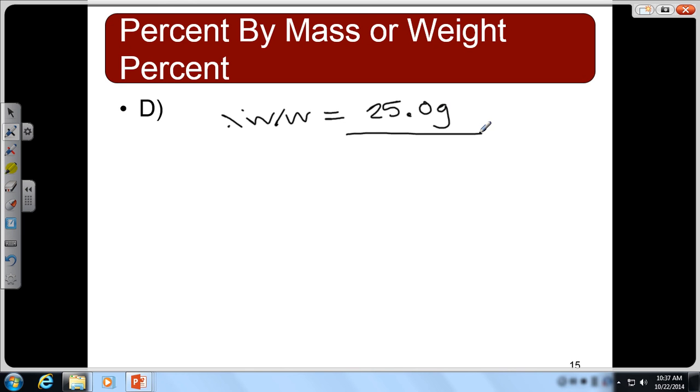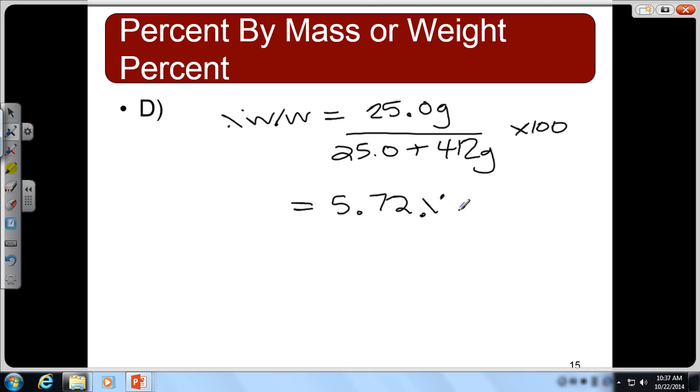Can we use just the 412 here? No, because the 412 is of the solvent. So we have to add them together: 25.0 plus the 412, times 100, and we get 5.72% sugar solution.